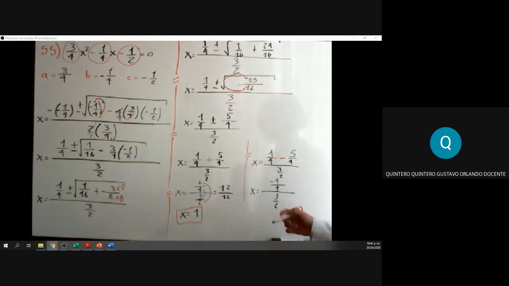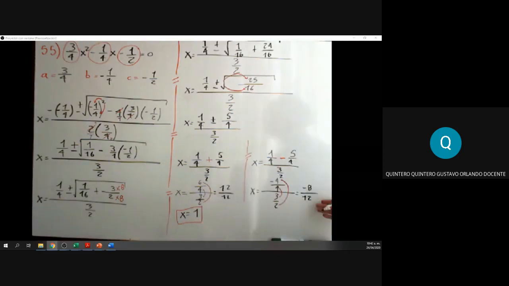Now we can do exactly the same process. We're going to multiply these two and these other two. The ones on the extremes and then the ones on the inside. From here, -4 times 2, that would be -8. And down in the denominator, we will have 4 times 3, which is 12.